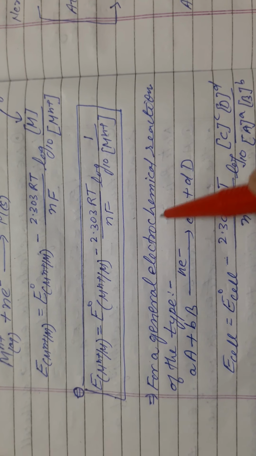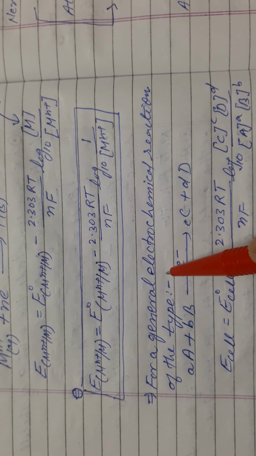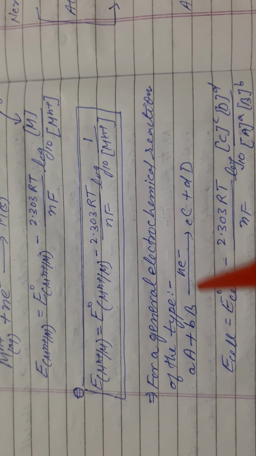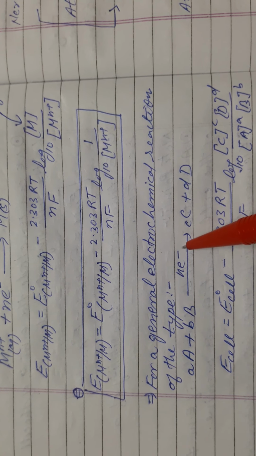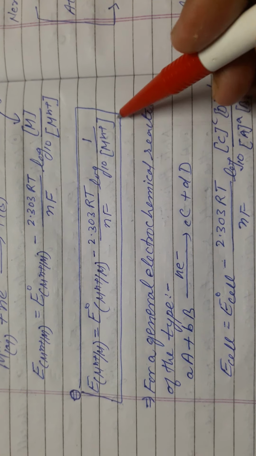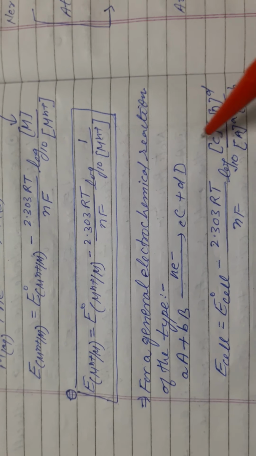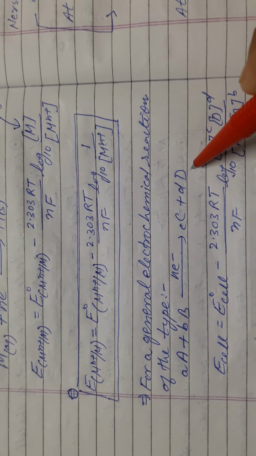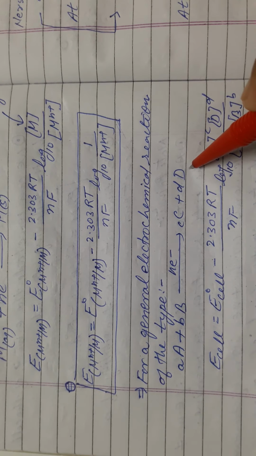For a general electrochemical reaction of the type aA plus bB, with participation of n electrons, gives cC plus dD. This relation is for a single electrode and this relation is for cell.